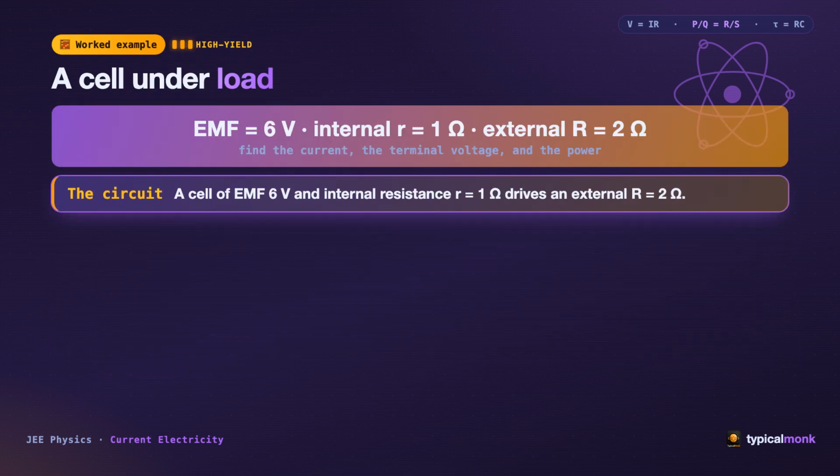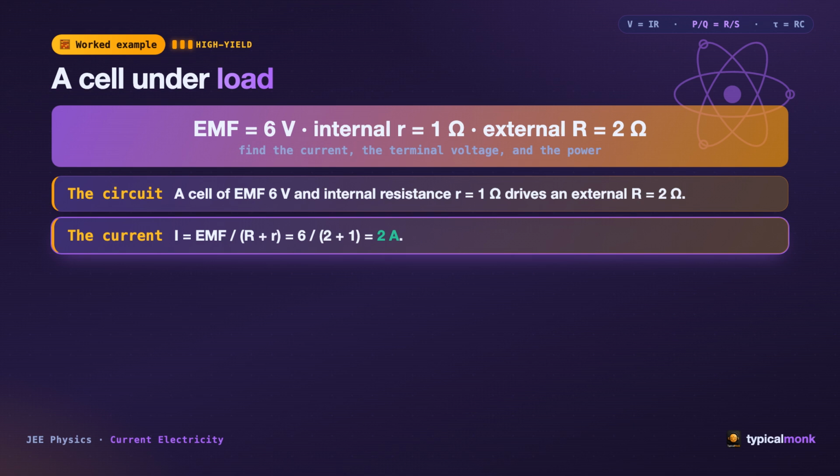Let us work the JEE favorite, a cell under load. A cell of EMF 6 volts, an internal resistance 1 ohm, drives an external resistance of 2 ohms. Find the current, the terminal voltage, and the power. In the circuit, the EMF is 6 volts, the internal resistance r is 1 ohm, and the external R is 2 ohms.